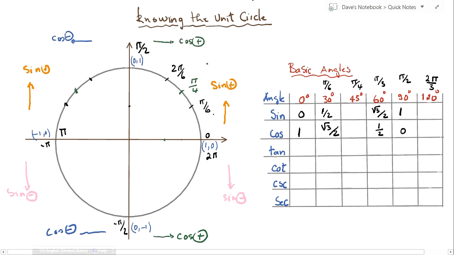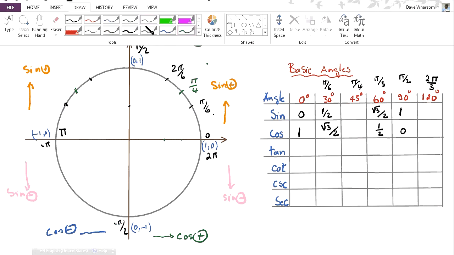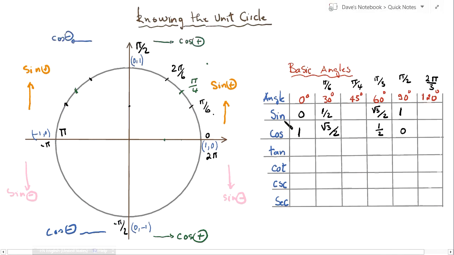That's what we know already, and we write it as square root of 2 divided by 2, and this here is also square root of 2 divided by 2, which is 0.70. Square root of 3 over 2 is 0.86 something.